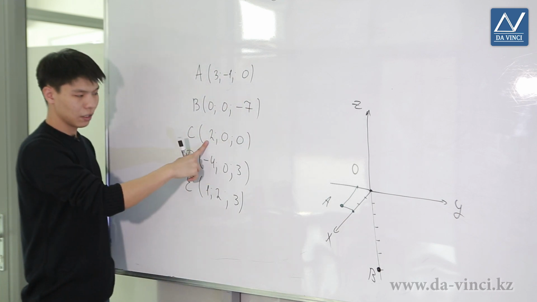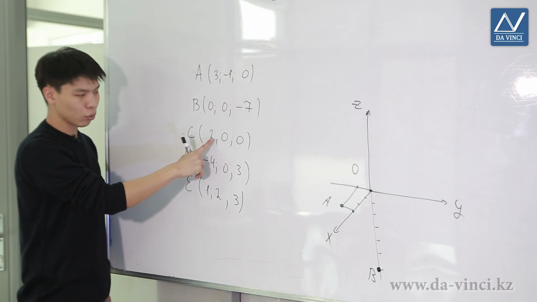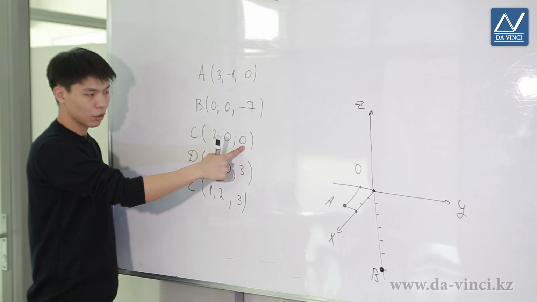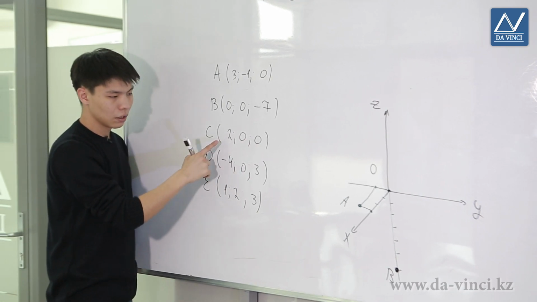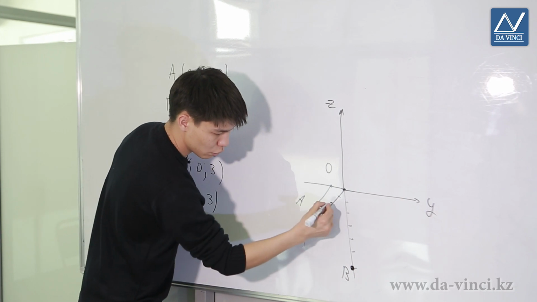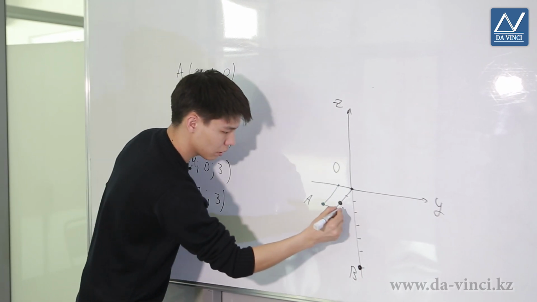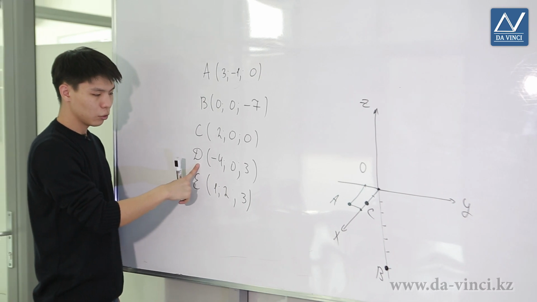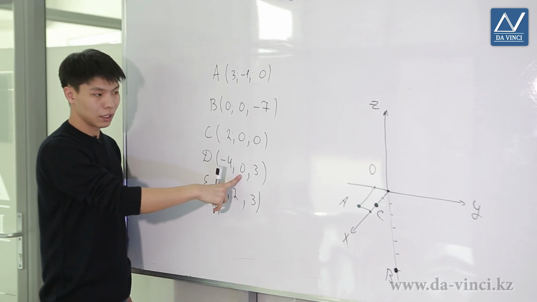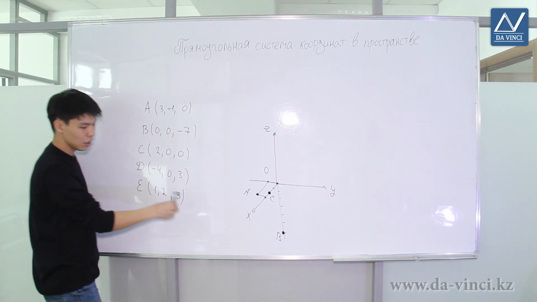Point C has coordinates 2, 0, 0. That is, x is 2, y and z are 0, so it lies on the OX axis. We mark 2 on the x-axis. Have already marked. This is our point C. Now point D. It has y-coordinate 0, so it lies in the XOZ plane.